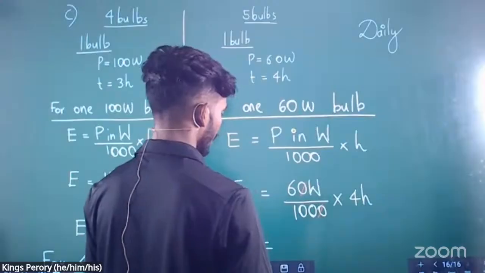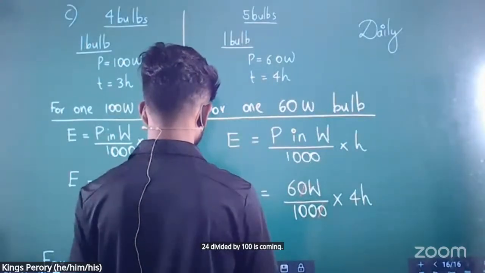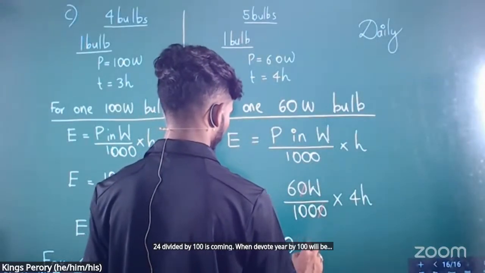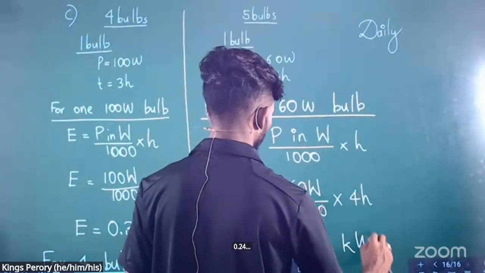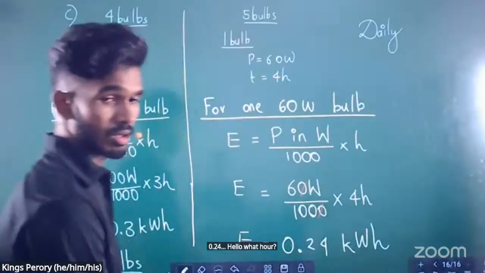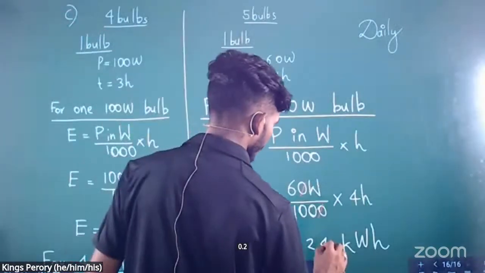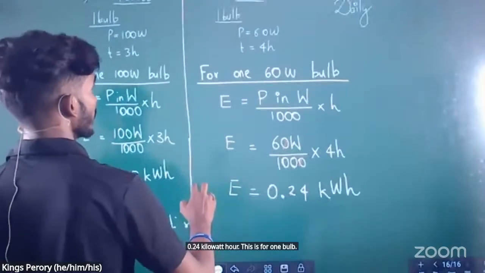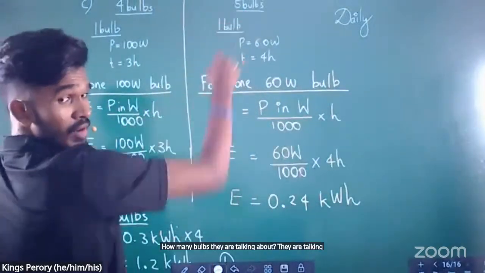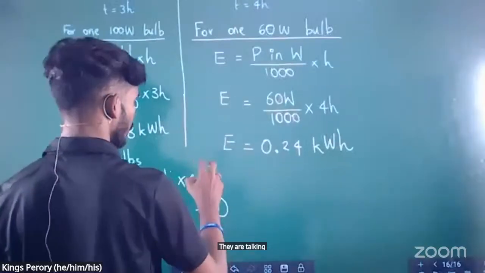24 divided by 100 will be 0.24 kilowatt hour. This is for one bulb. How many bulbs are they talking about? They are talking about 5 bulbs.